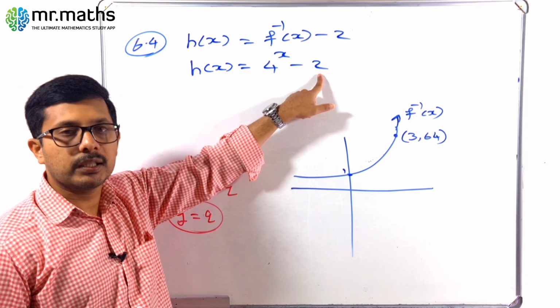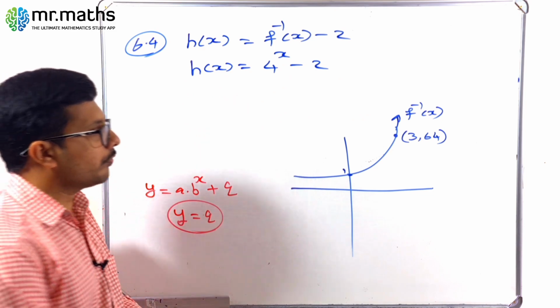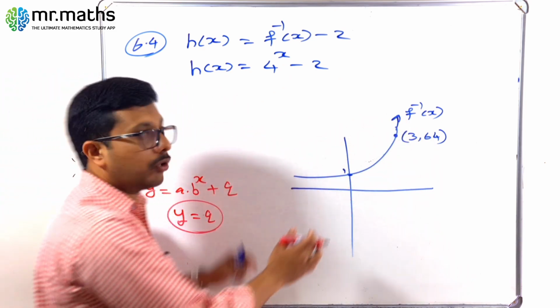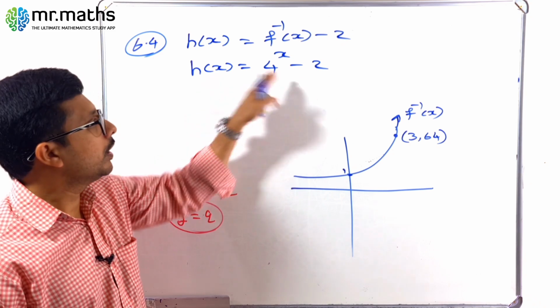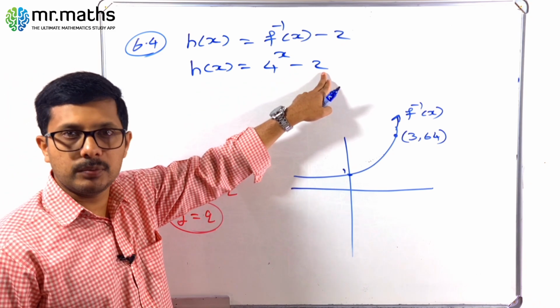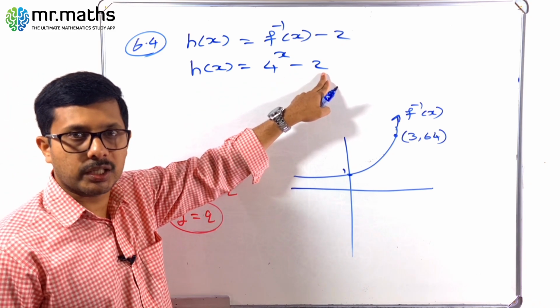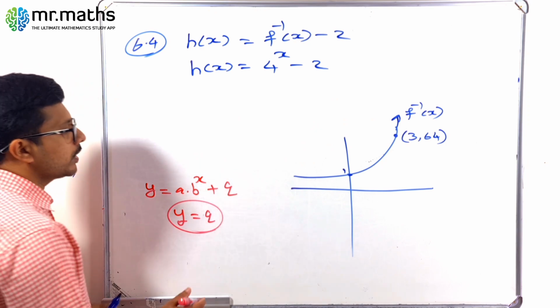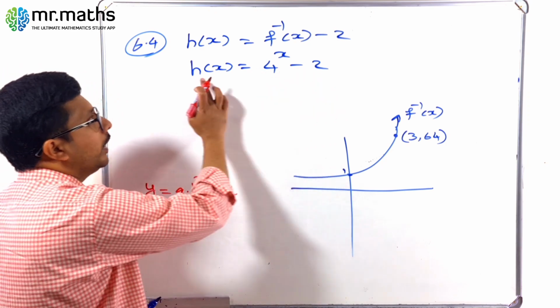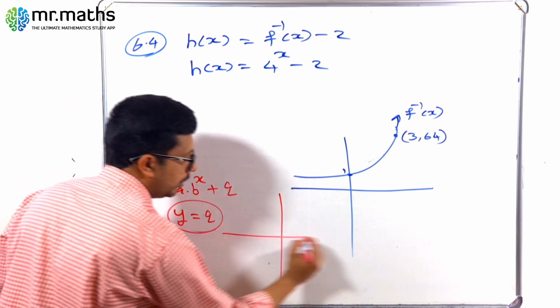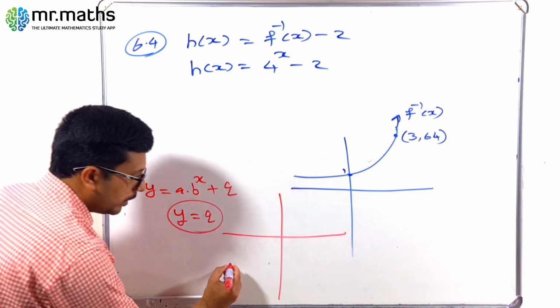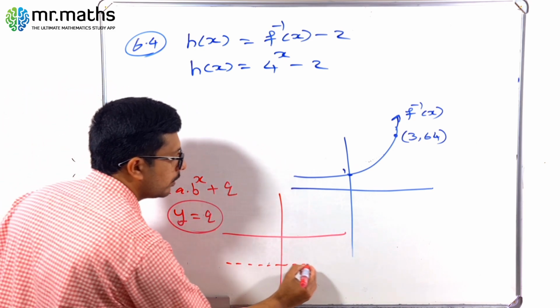So this is the f inverse of x graph, not this h of x. In this new h of x graph, minus 2 is an asymptote. Do you understand? If I try to draw that graph, this is the x and y axis, there is a minus 2 here.